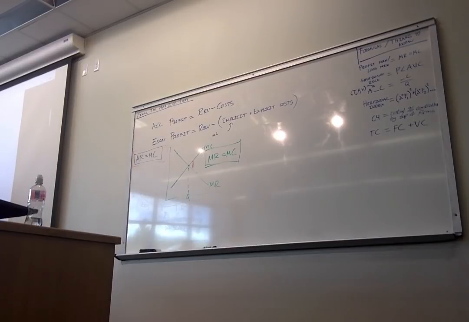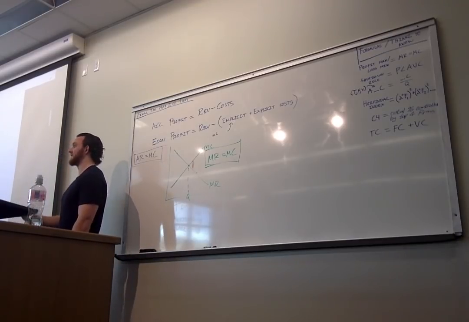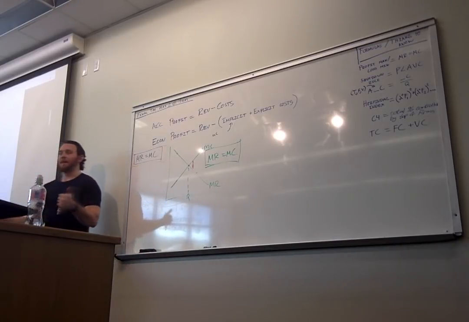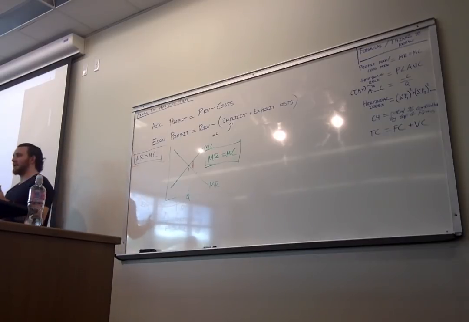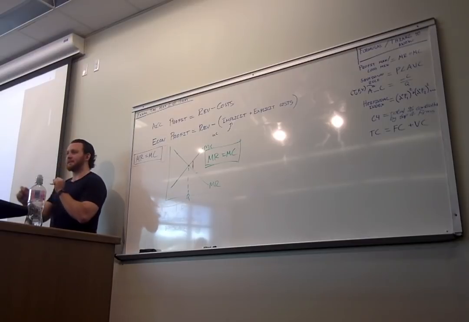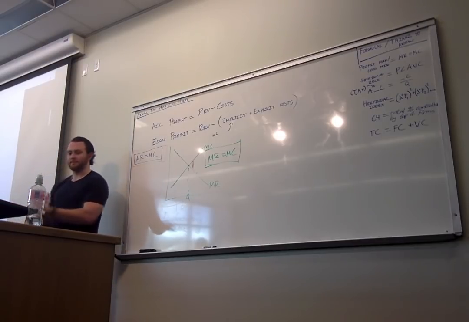You could be running at a loss, but that will be the best possible outcome for you. You'll be minimizing your loss. That's why it's either profit maximizing or loss minimizing. It's both. It doesn't tell you whether or not you're going to make a profit or a loss, but no matter what, that point is where you will either make the most money or lose the least money. Cool? Awesome.